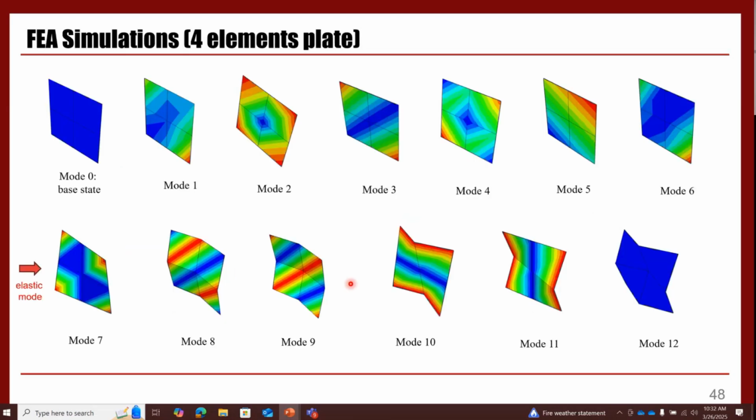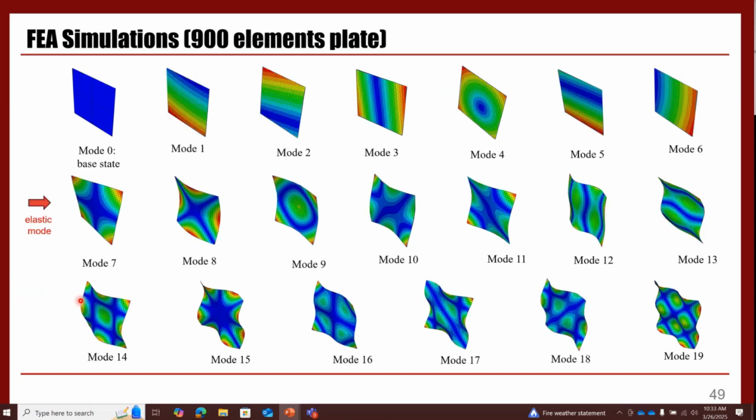So for the first simulation, which was the 4-plate element, we were only able to obtain the first 12 modes of vibration from the system because of how badly meshed it was. So the first elastic mode was seen at mode 7.